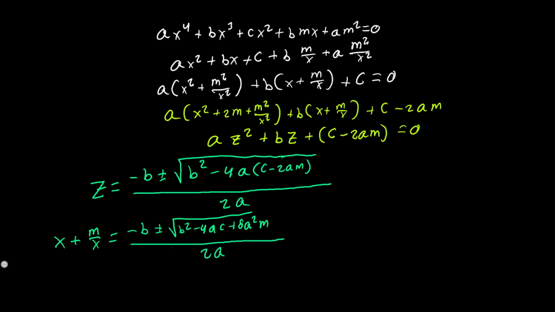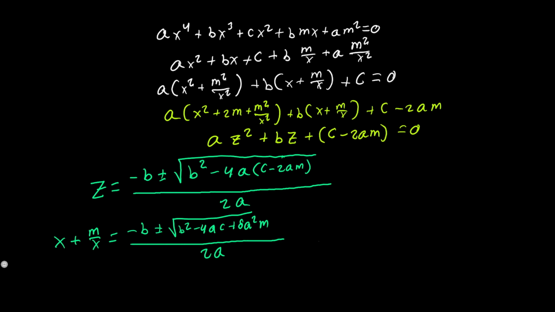So here we now see that if we multiply by x, we will get a quadratic, which again we would have to solve. So we're going to multiply everything by x to get rid of the x in the denominator in m over x.